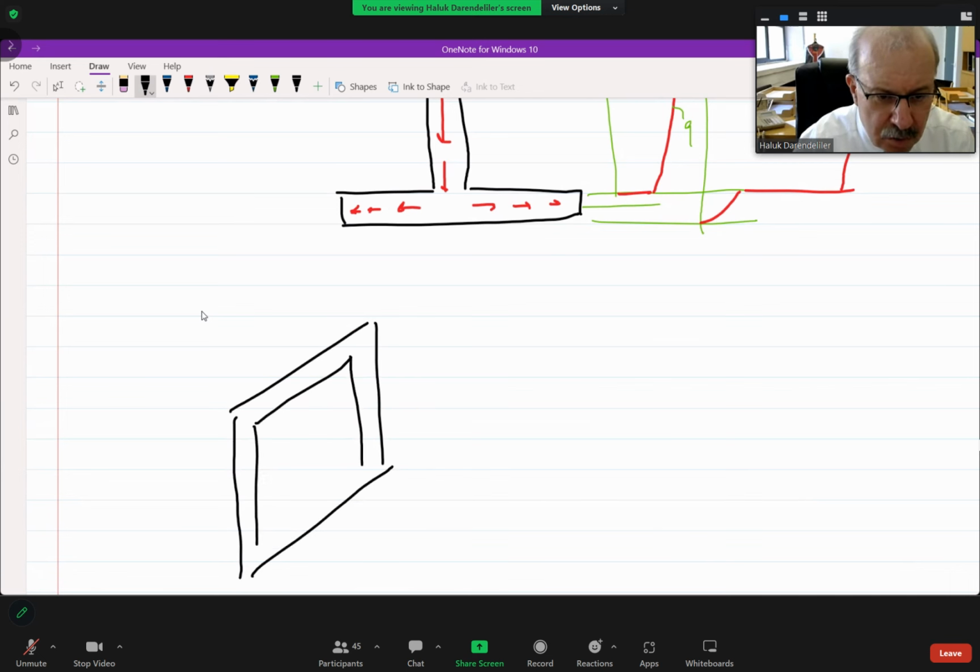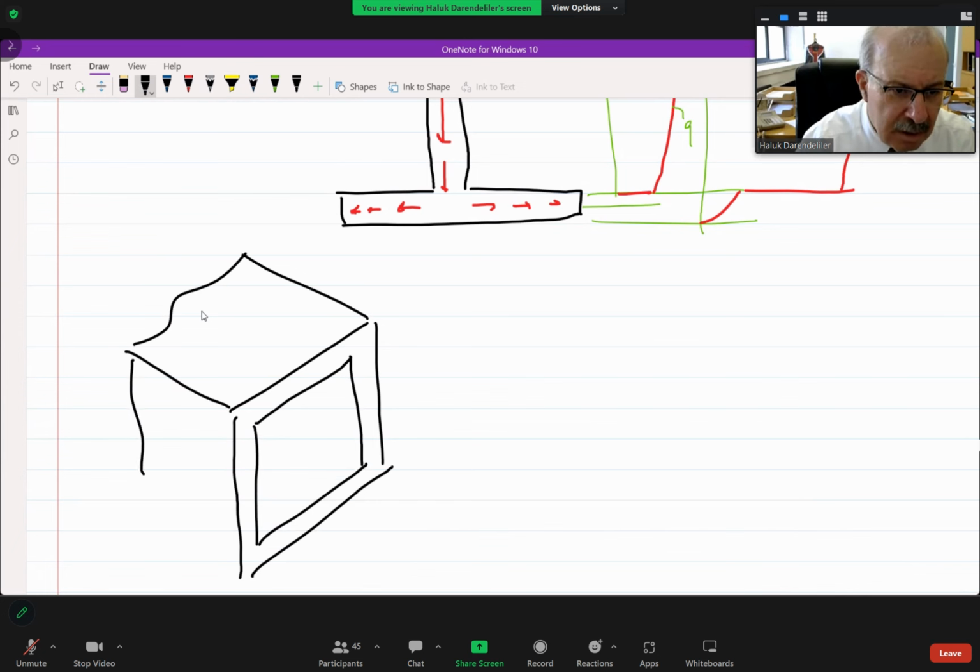This is a cross section of your beam, and it goes like that, right? And say that we have the following axis on this beam. So this is the centroid of the beam, and here is the x-axis. Then this is the y-axis and this is the z-axis.